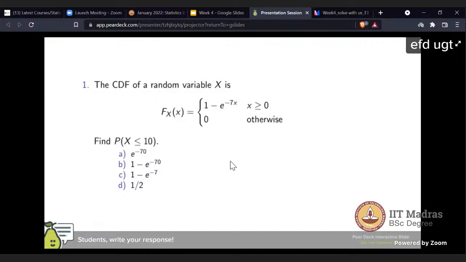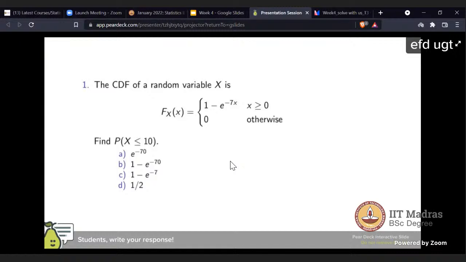Then in our F_X(x), given that x is greater than or equal to 0, it is 1 minus e to the power minus 7x. Okay, so there you went wrong.